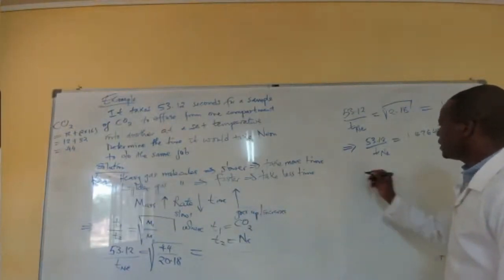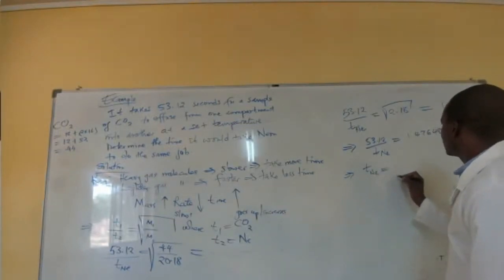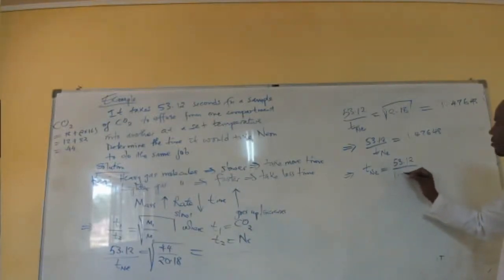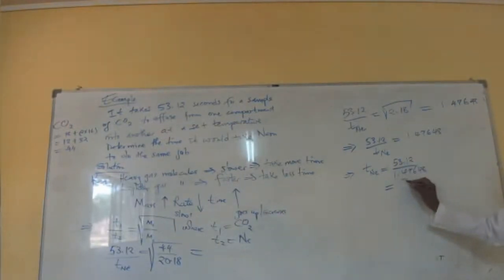What you're going to have is T of neon is equal to 53.12 divided by 1.47648. When you simplify that, what you're going to get is 35.977 seconds.